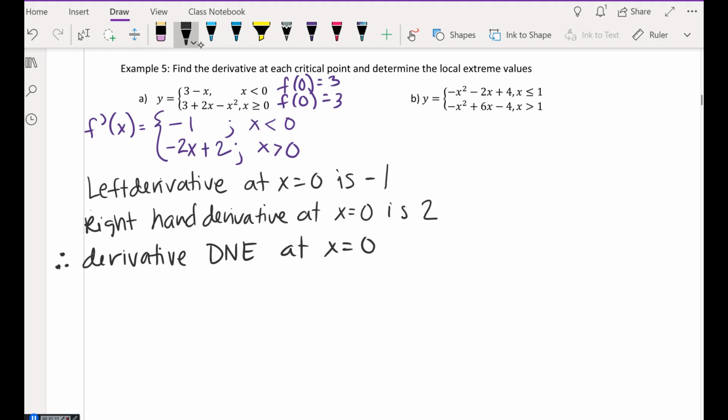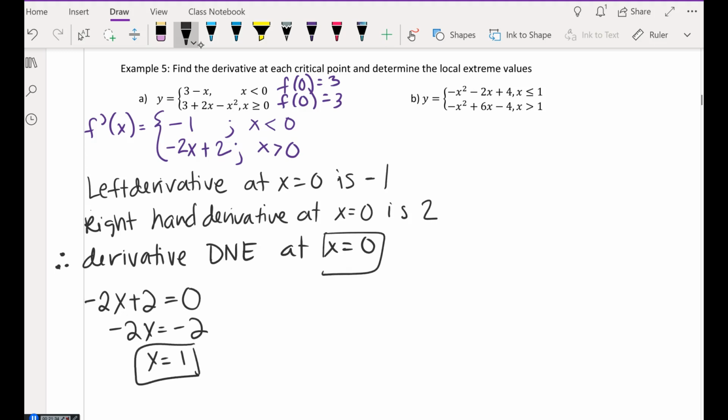But this one, when I set it equal to 0: negative 2x plus 2 equals 0, negative 2x equals negative 2, x equals 1 is the other critical point. So how many critical points do we have? 2. What do we do with critical points and endpoints? Plug it in. Do we have endpoints?